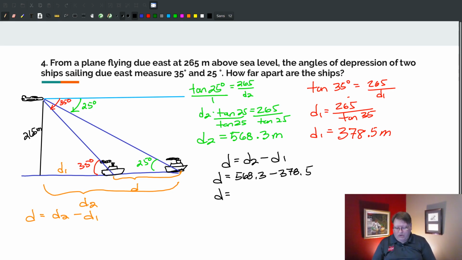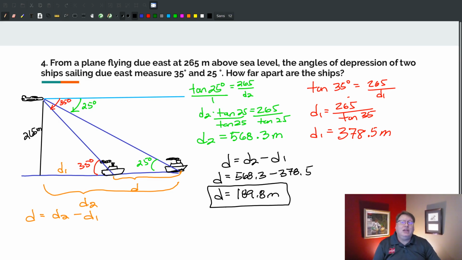I need my calculator. All right, so we got 568.3 minus 378.5, and that is equal to 189.8. So these are 189.8 meters apart. Okay? And we'll box in our answer.